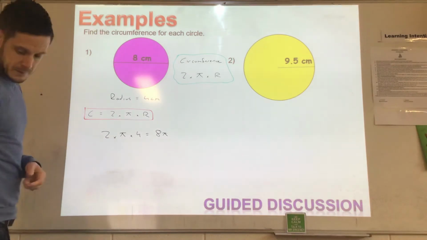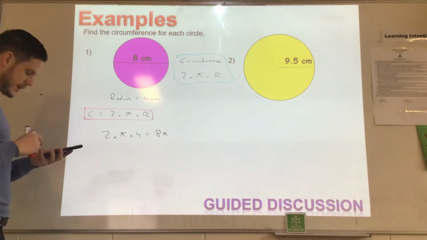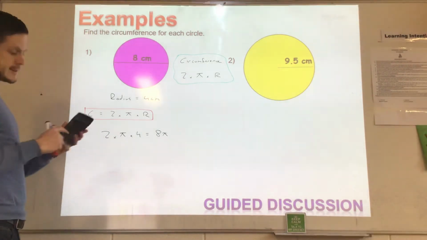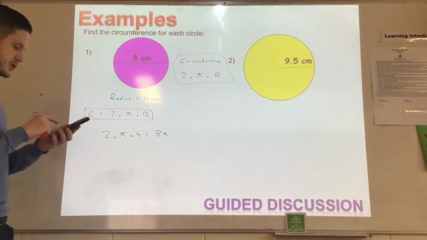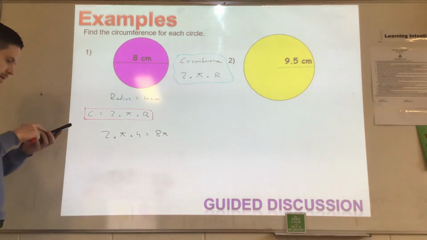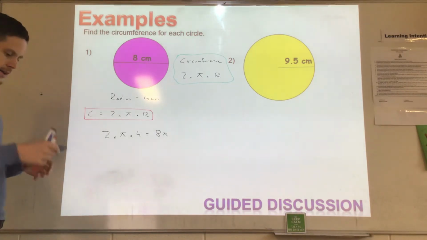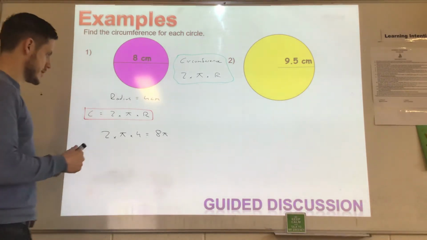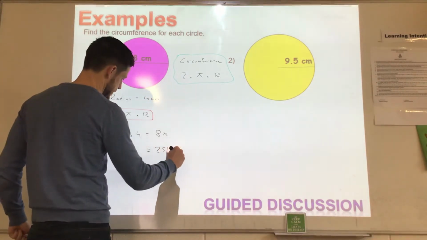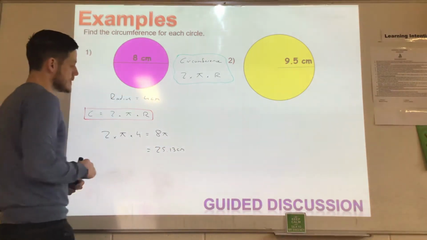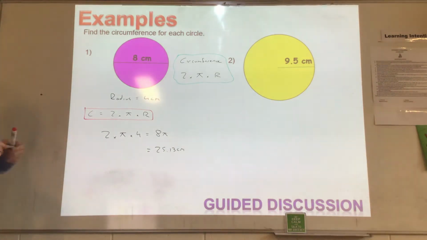If we get 8 pi, all we have to do is press change or SD, which is, I know it's hard to see, in the corner here. Change or SD, depending on whether you have Casio or Sharp, gives us 25.13 centimeters. It's not an area, so it's not centimeters squared.